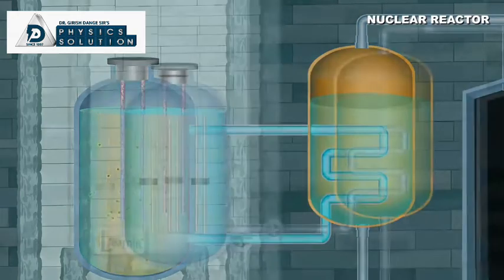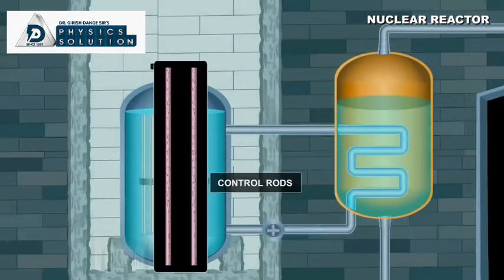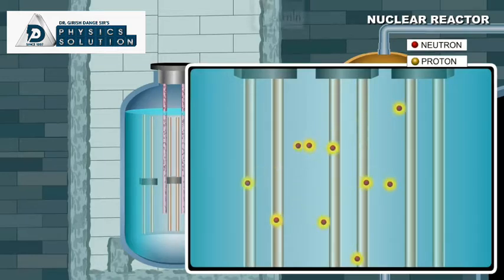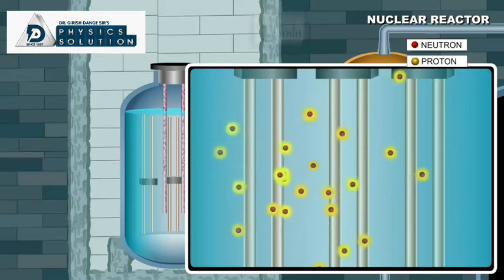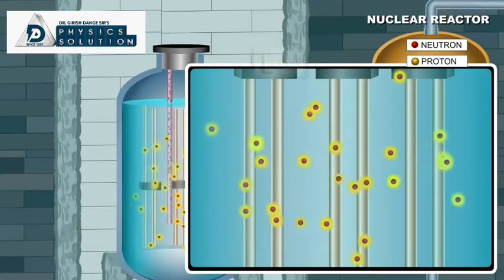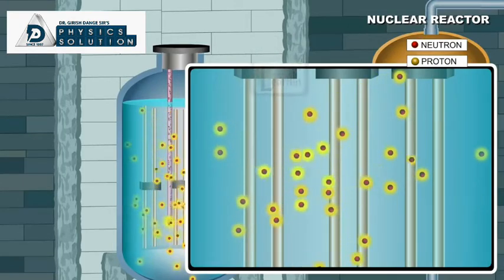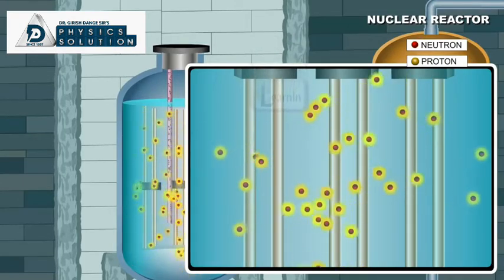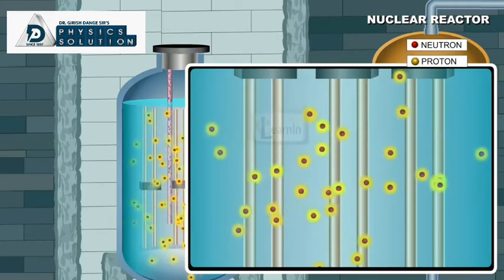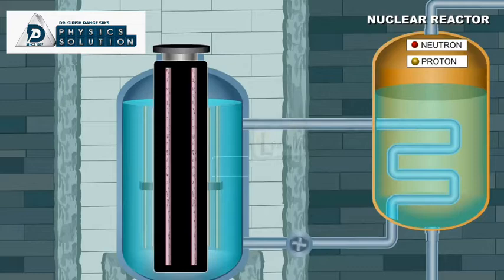Now control rods are used to absorb the excess neutrons. As during each nuclear fission 3 neutrons are produced, lots of neutrons are produced in nuclear fission, but this is dangerous, as an uncontrolled chain reaction may be possible. That's why control rods are used.